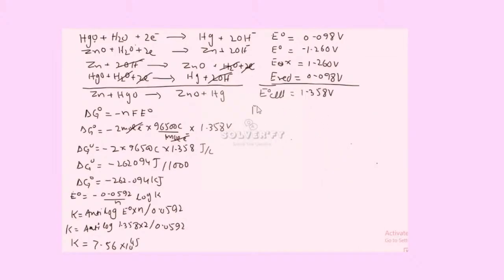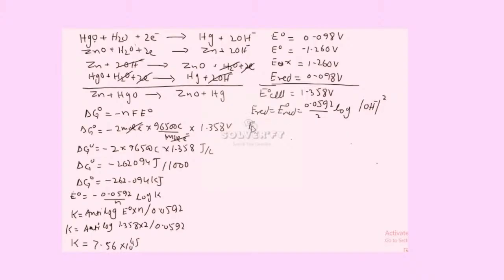So E reduction is equal to E naught reduction minus 0.0592 divided by n, where n is equal to 2, and log of hydroxyl ion concentration on the product side, it is squared.